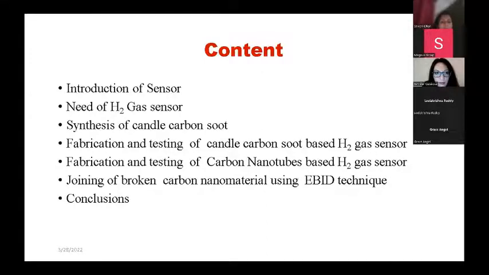After that, I will discuss the role of carbon nanotubes in sensing hydrogen gas, and then show how we join broken carbon nanotubes and other materials using the EBAD technique.